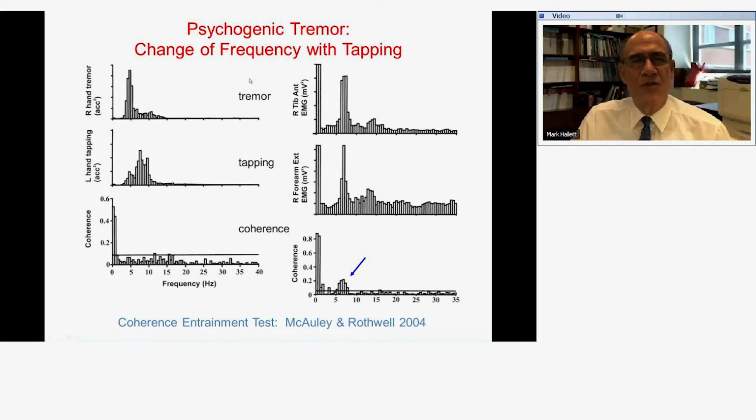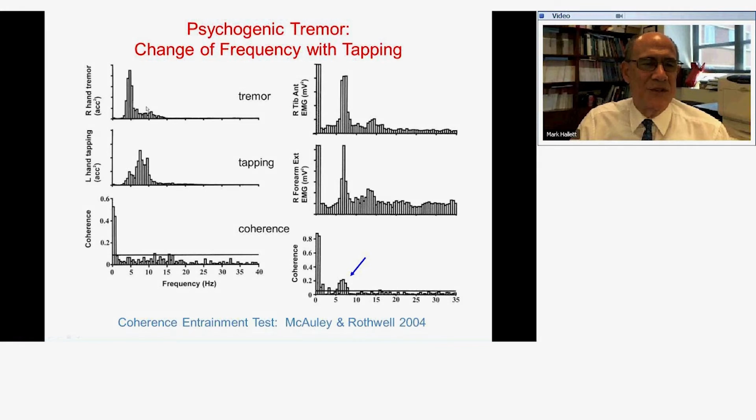Another feature is to look at what's called entrainment, where you ask an individual to tap with one limb while you're recording the involuntary tremor on the other limb. Now, in an organic tremor, here you have an organic tremor going here, tapping with one hand. These are at slightly different frequencies.